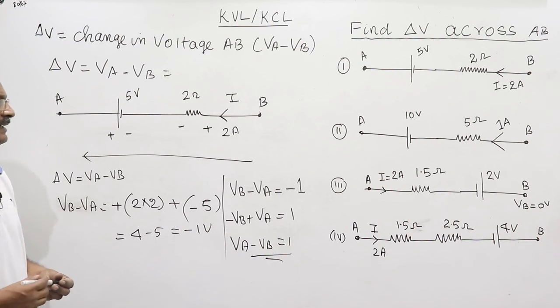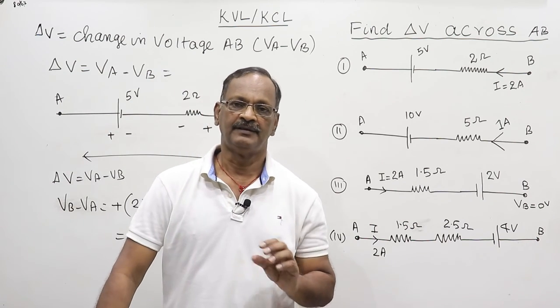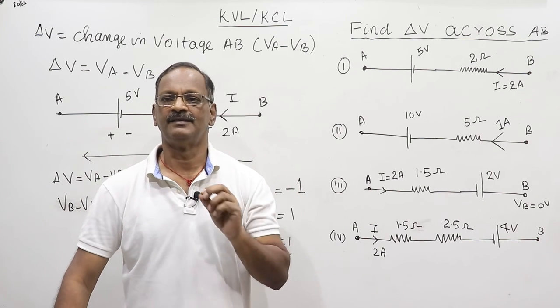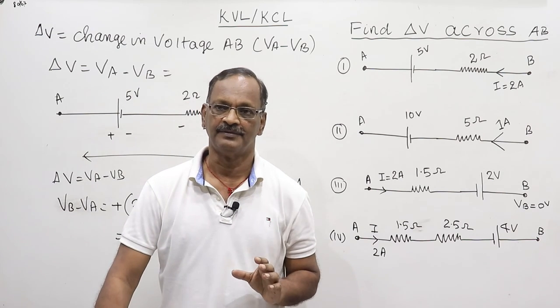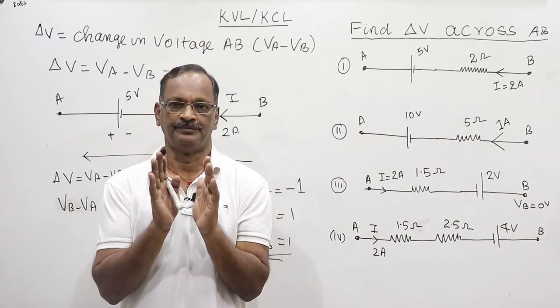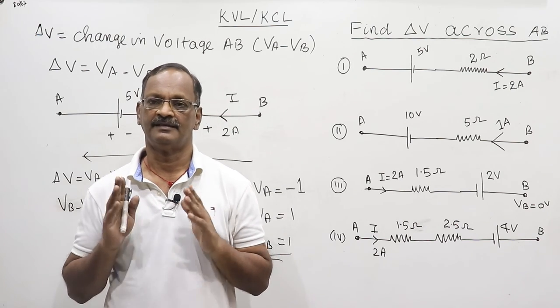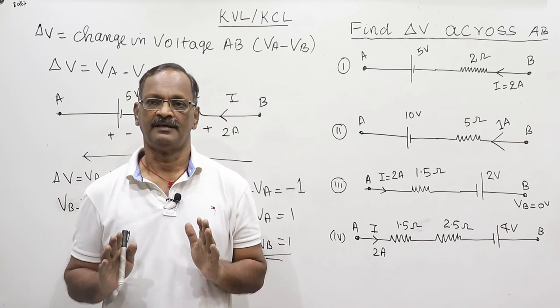You proceed in any direction, the result will come the same. Every book will give a different method, but you follow this. Follow one single method which is convenient to you. Don't follow all the methods, you will get confused. Here we assume that if you go from higher potential to lower potential, that is a positive voltage. Lower potential to higher potential is a negative.